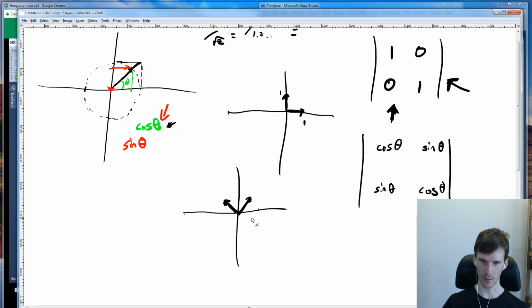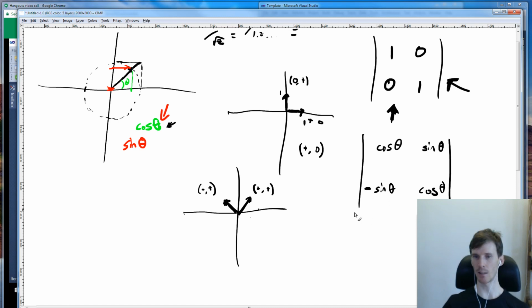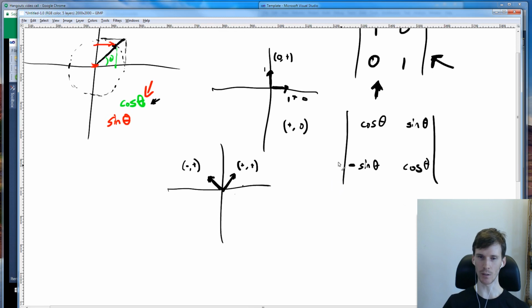So this was positive on x-axis and 0 on the y-axis, like positive 0, and this was 0 and positive. We know that the result is going to be positive and positive, and we know the result here is going to be negative and positive. And so what we know then, we derive that is the matrix that we need to use.